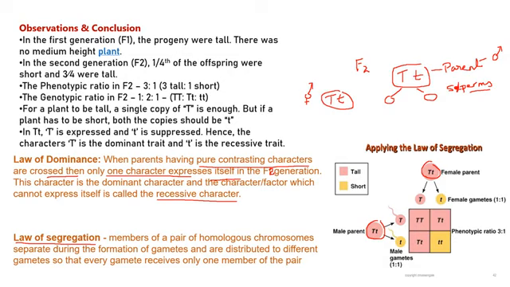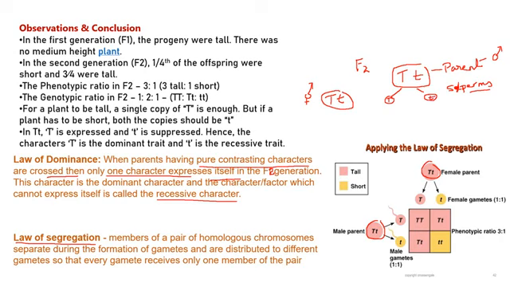Each character of a trait, here the tall and short trait, will go separately into the gametes. So let's take the first gamete, which will get the T, and the other gamete will get the small t.